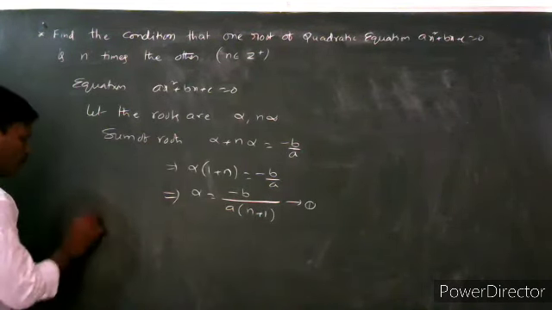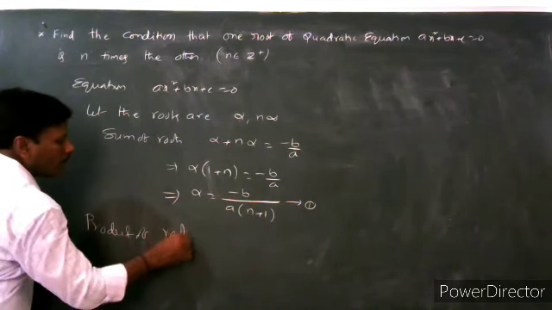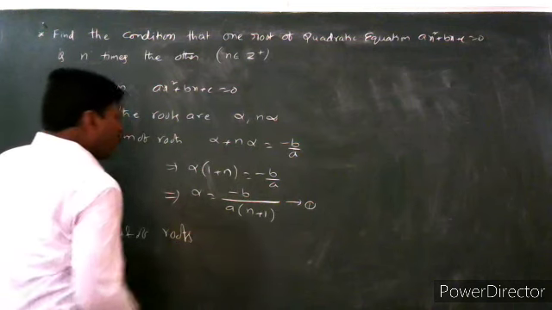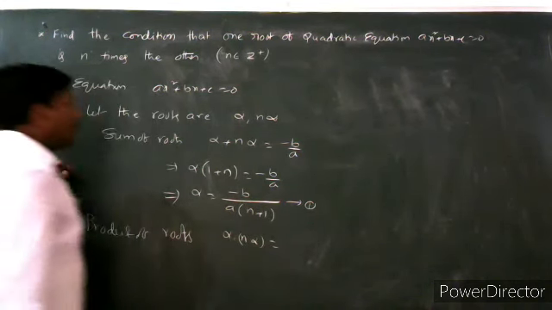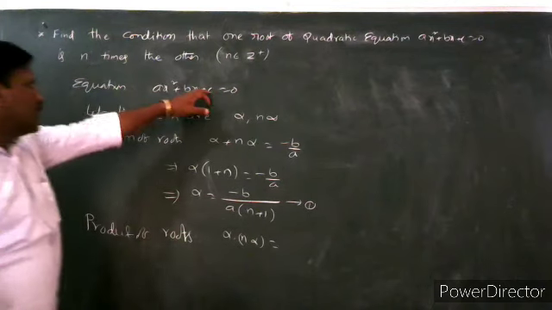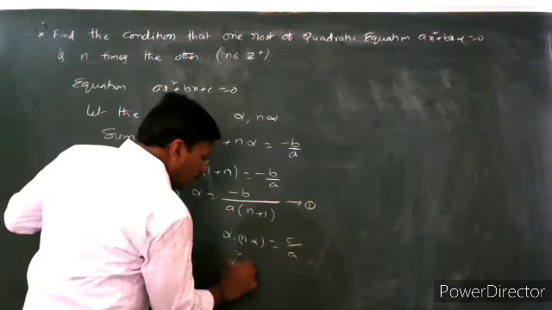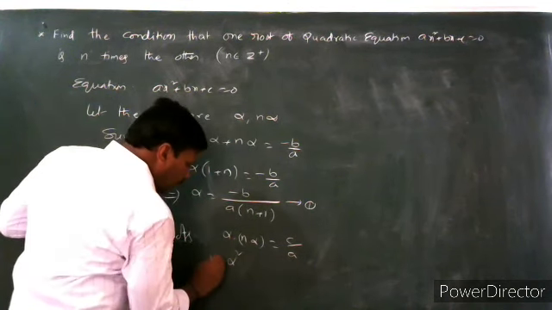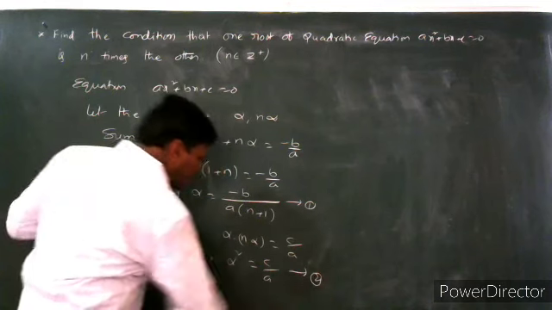Next, the product of roots: alpha into n alpha. The product of roots formula is c by a. So alpha square n, or n into alpha square, is equal to c by a. It is equation 2.